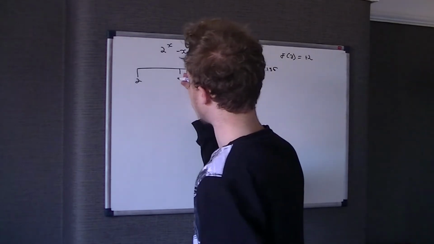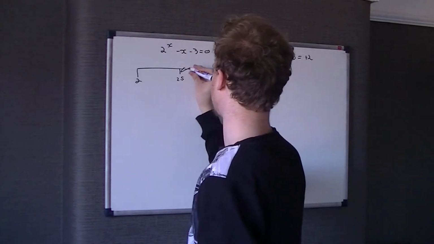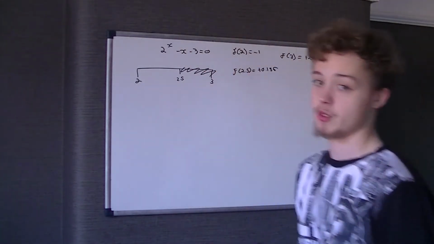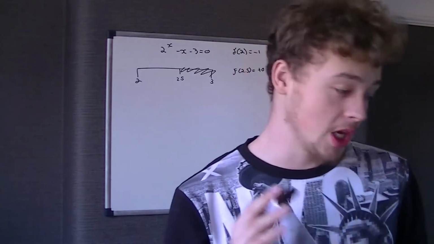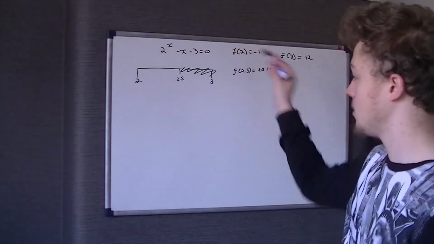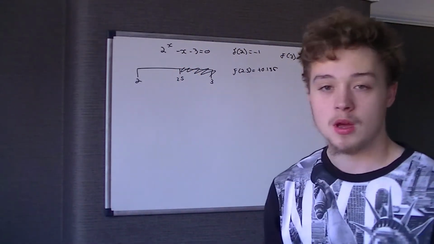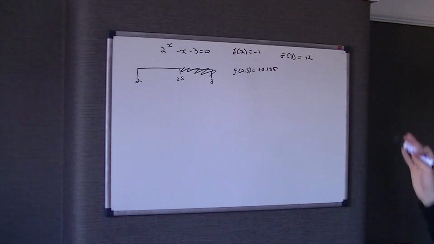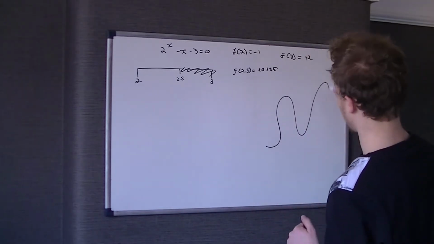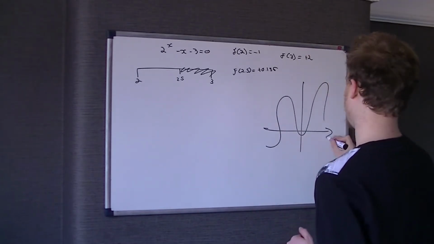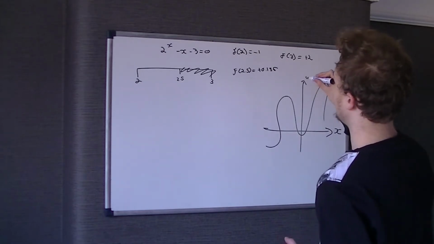So we put a little dash on at 2.5, and we can cross out the bit between 2.5 and 3, because we know the change of sign does not occur between 2.5 and 3. I don't know what this curve would look like, but that's the method you just follow for any kind of curve, because there's no mathematical curve that does something drastic like that.